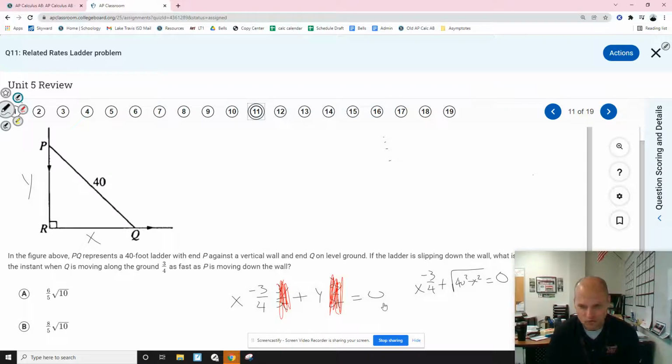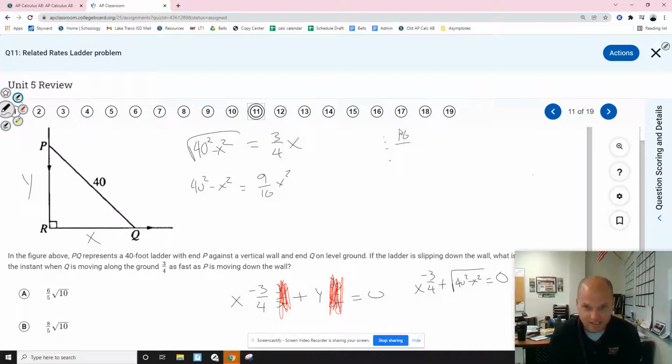I'm going to add 3/4 of an x to both sides. I have the square root of 40 squared minus x squared equals positive 3/4 x. I had to make sure that I knew that I had a negative 3/4. I'm going to square both sides, getting me 40 squared minus x squared equals 9/16 x squared. I'm going to add an x squared.